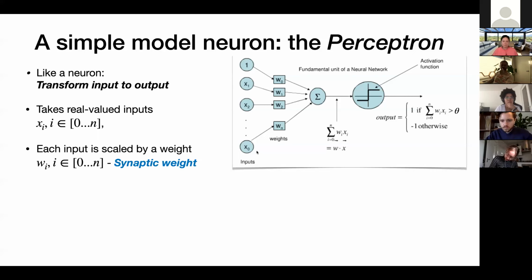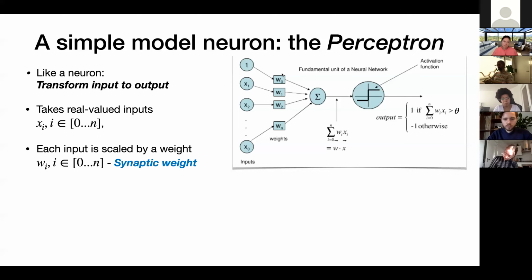Now, each of the inputs here is scaled by a weight that is similar to the strength of each of the synapses in the tree of a biological neuron. So some synapses can be strong, others are weak.